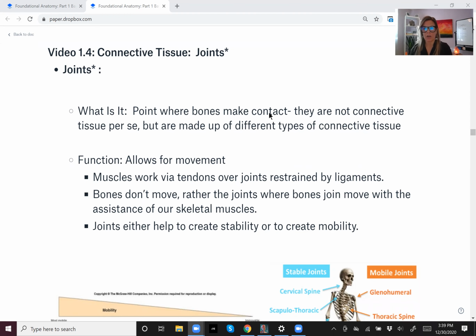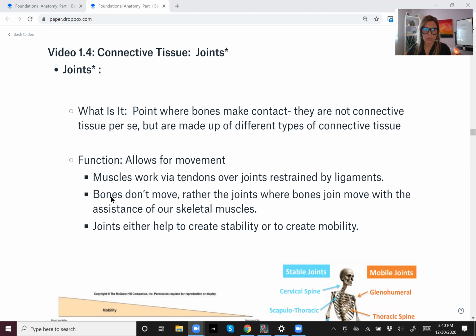Now, joints are a combination of our bones, our cartilage, our ligaments, and the tendons. And they all come together, and there's some additional pieces we're going to look at, but they are the reason that muscles are allowed to work. So muscles work via tendons over the joints, which are restrained by ligaments.